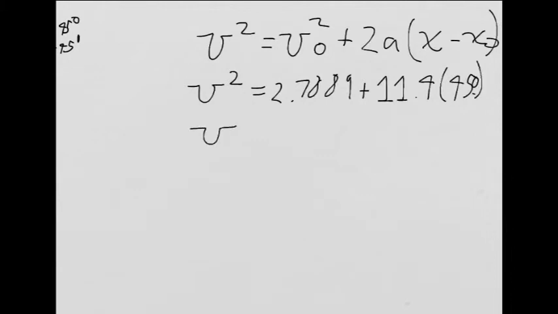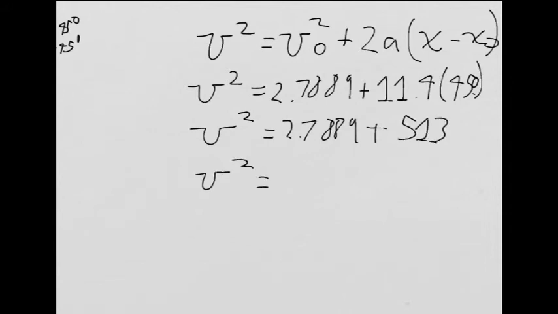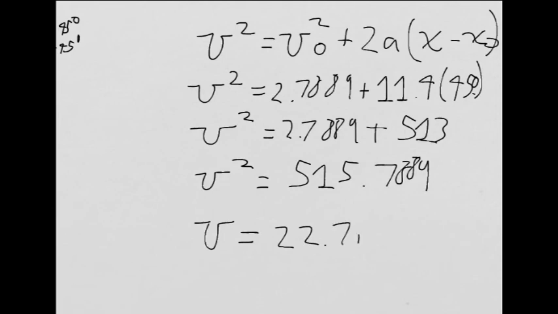V squared equals 2.7889 plus 513. V squared is 515.7889. If we take the square root of both sides, our final answer is the velocity at the end of the 45 meters is 22.7 meters per second.